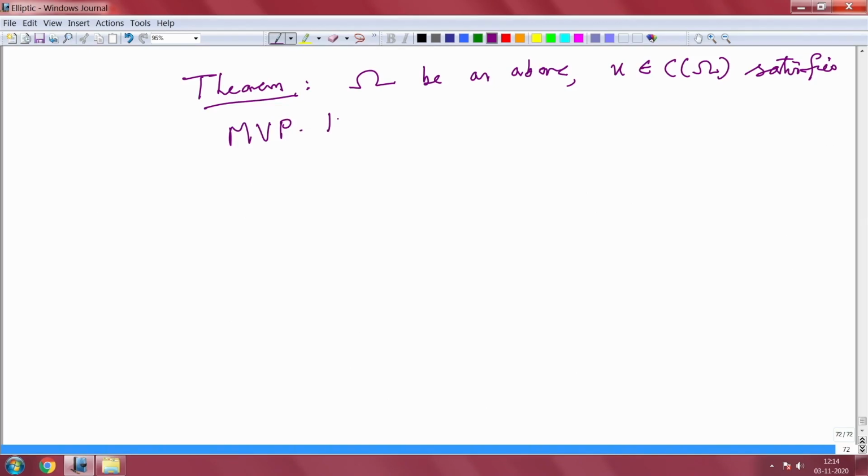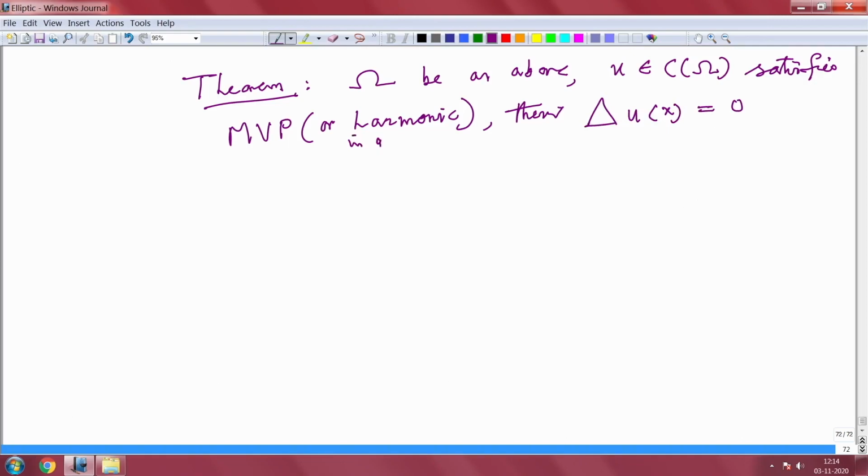Mean value property or harmonic in the general sense, both are the same. Then it is harmonic in the sense that Laplacian of u(x) equal to 0, harmonic in the general sense.